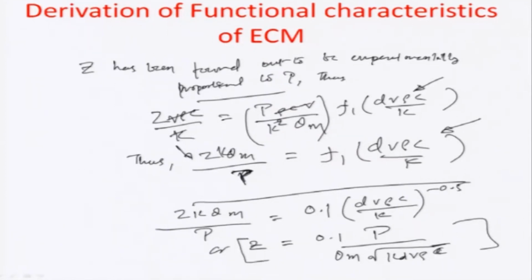So, that is how you can equate Z with respect to the various dependent parameters: the beam power, the depth of melting temperature, the k value, thermal conductivity of the material, the beam diameter, velocity, density, specific heat, so on and so forth.